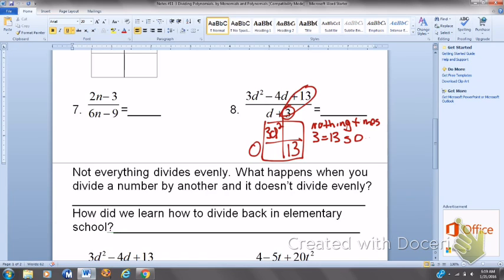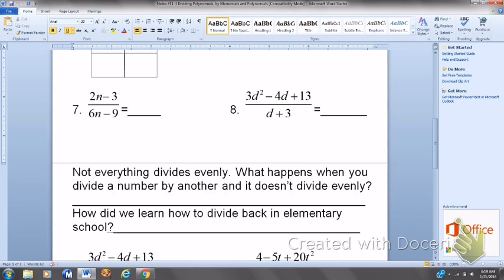So you need to go to the next page. Now I don't know if you're seeing what I'm seeing, but on the top it says not everything divides evenly. What happens when you divide a number by another number and it doesn't divide evenly? Well, you've seen things like that before.